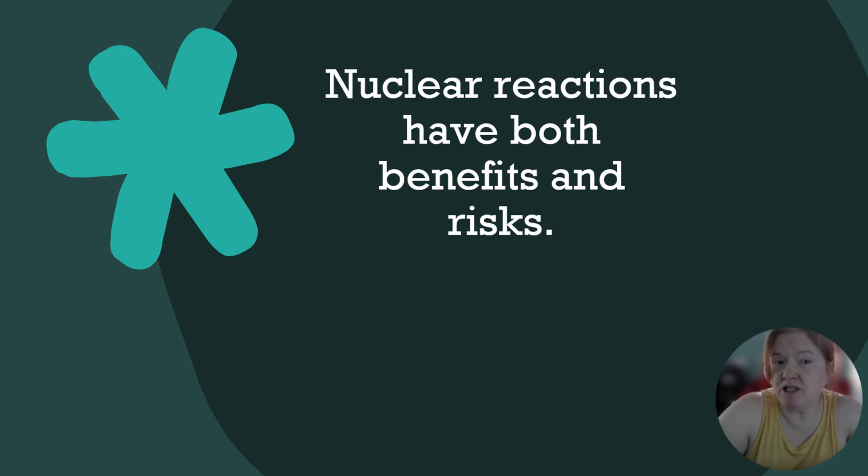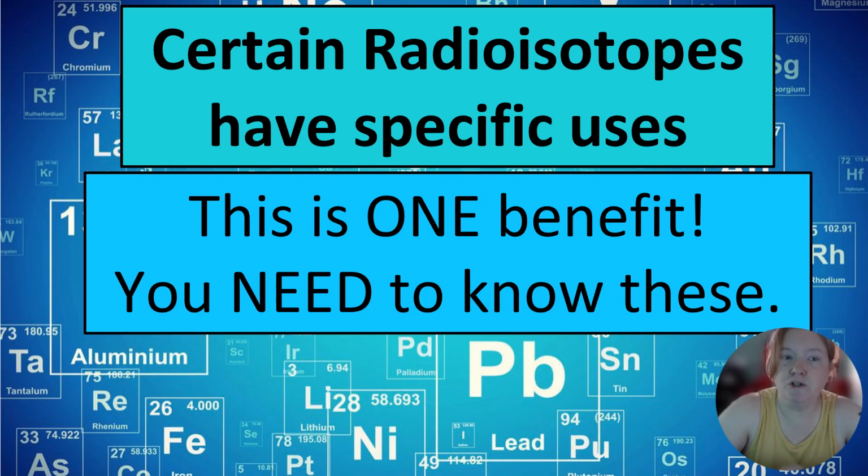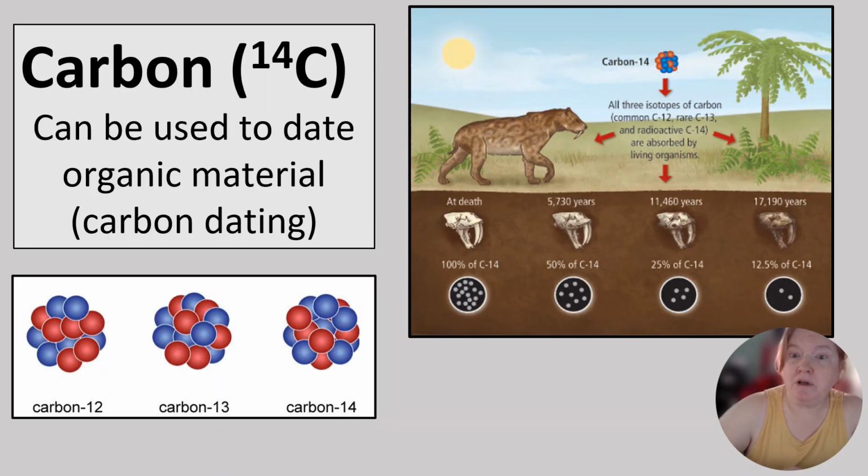Now, nuclear reactions have both benefits and risks. So certain radioisotopes or radioactive isotopes, like the ones in Table N, have specific uses. So this is a benefit. You need to know these because you kind of have to remember them, all right? So carbon-14 is used to date organic material, things that had carbon in it.